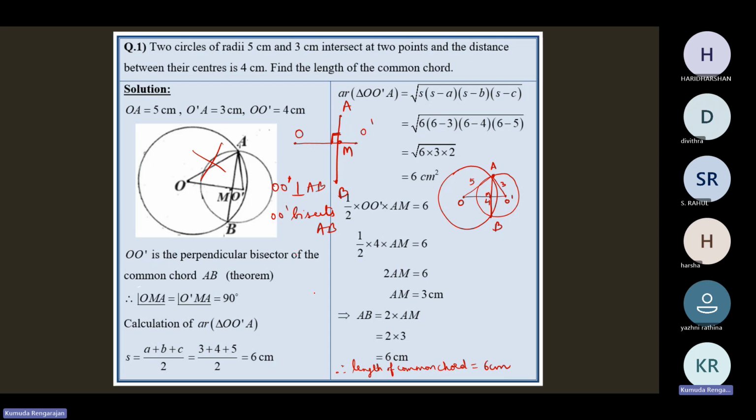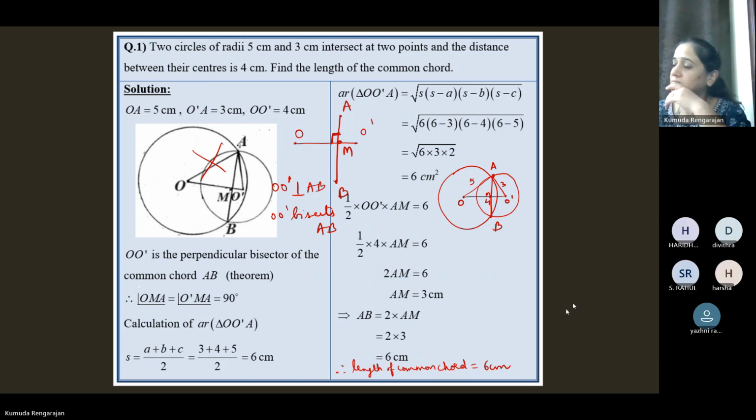Who is O dash? The line segment joining the centers. That one is perpendicular to the common chord AB. It makes 90 degrees with AB. And that O dash also bisects AB. AB is the common chord.